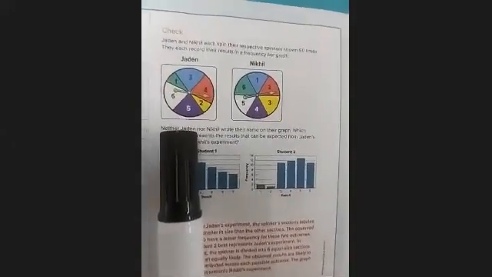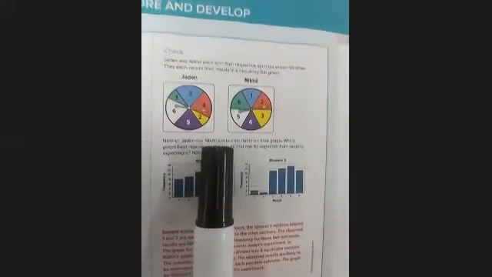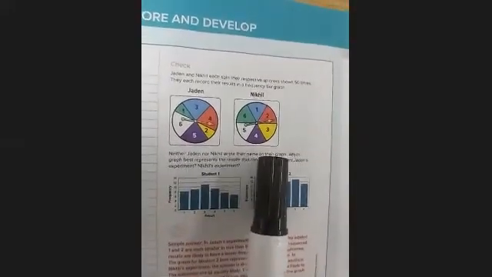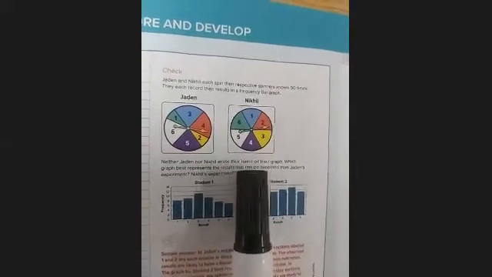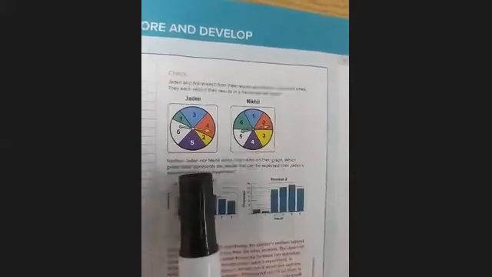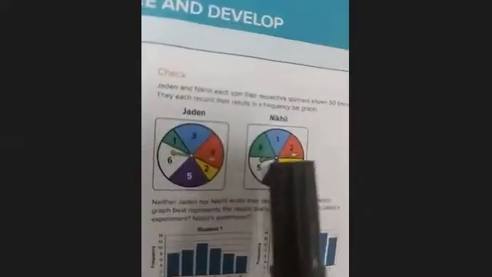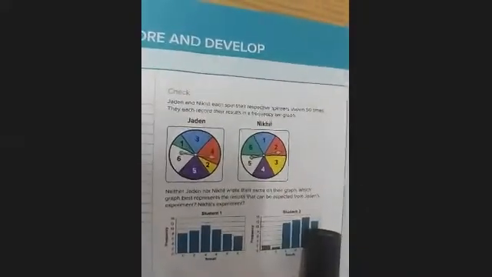They each record their results in a frequency graph. Neither Jaden nor Nikhil wrote their name on their graph. Which graph best represents the results that can be expected from Jaden's experiment and Nikhil's experiment? So before we go down, let's take a look here, guys, at the two spinners.